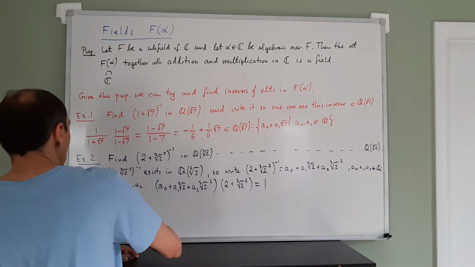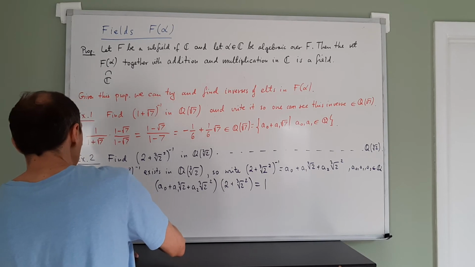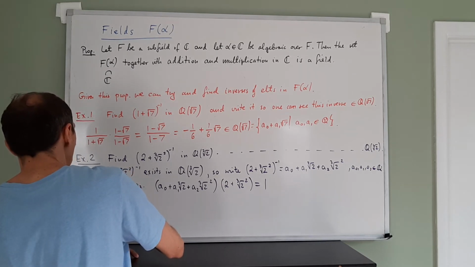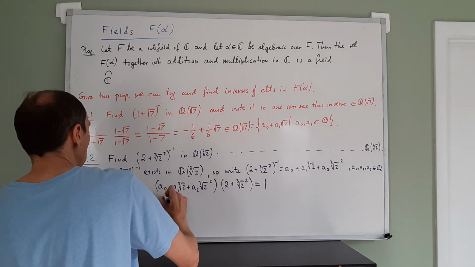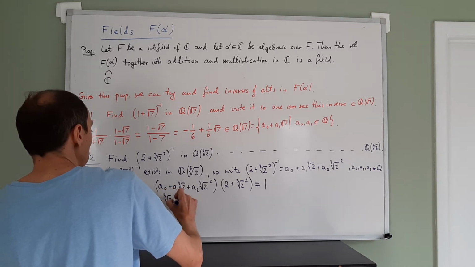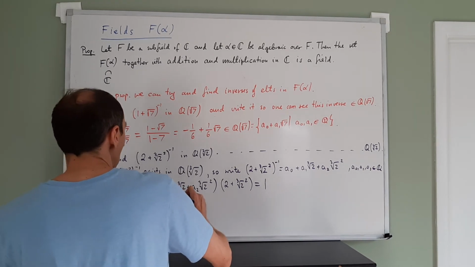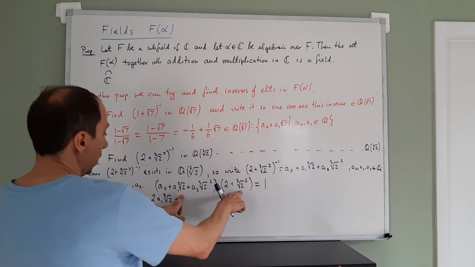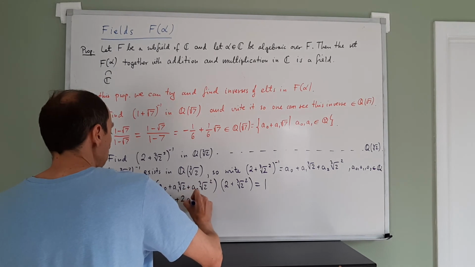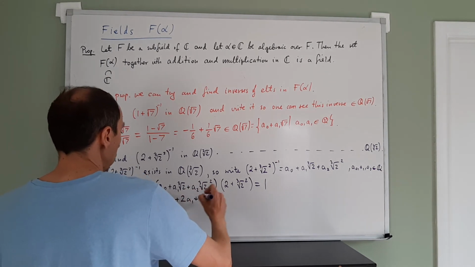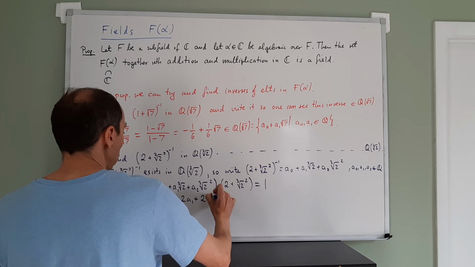So I get 2a0 plus cube root of 2 squared a0 plus 2a1 cube root of 2 plus this times that gives me just 2a1 plus 2a2 cube root of 2 squared.